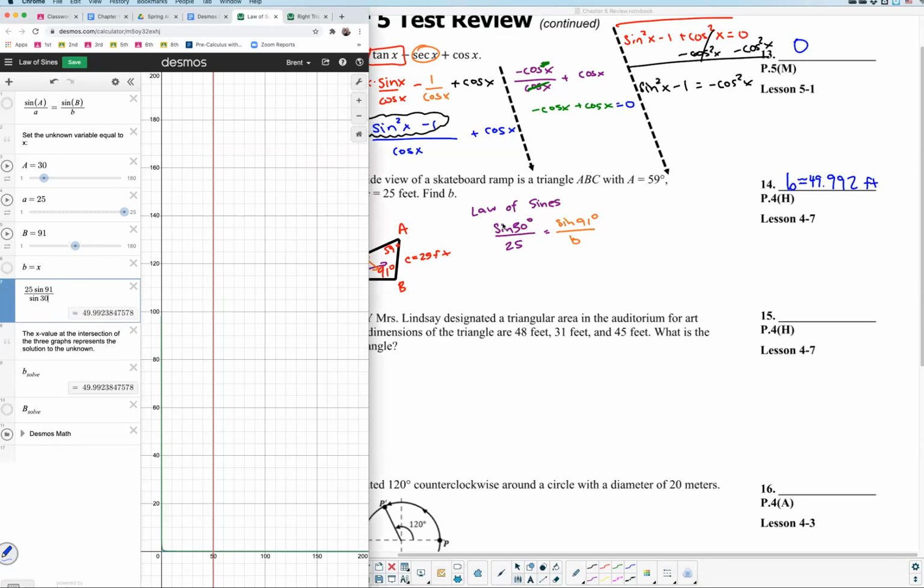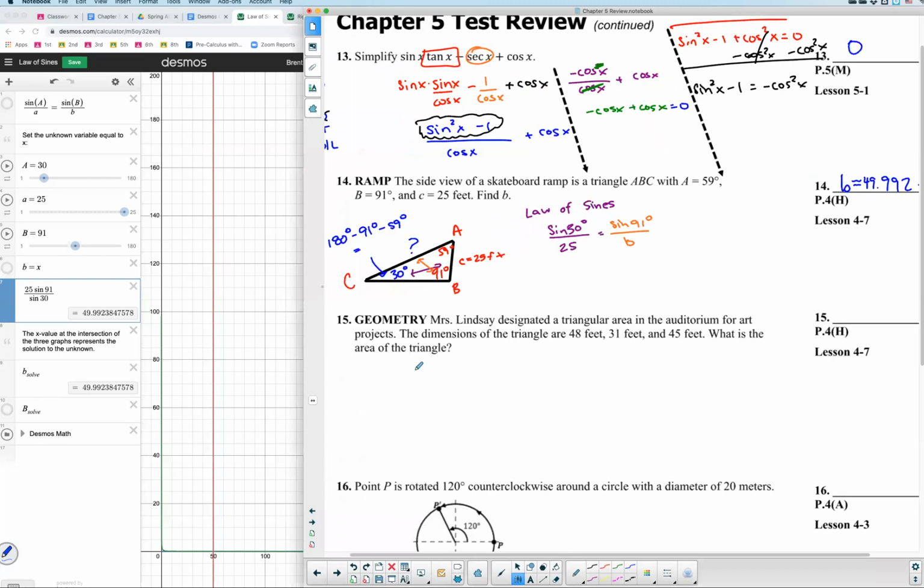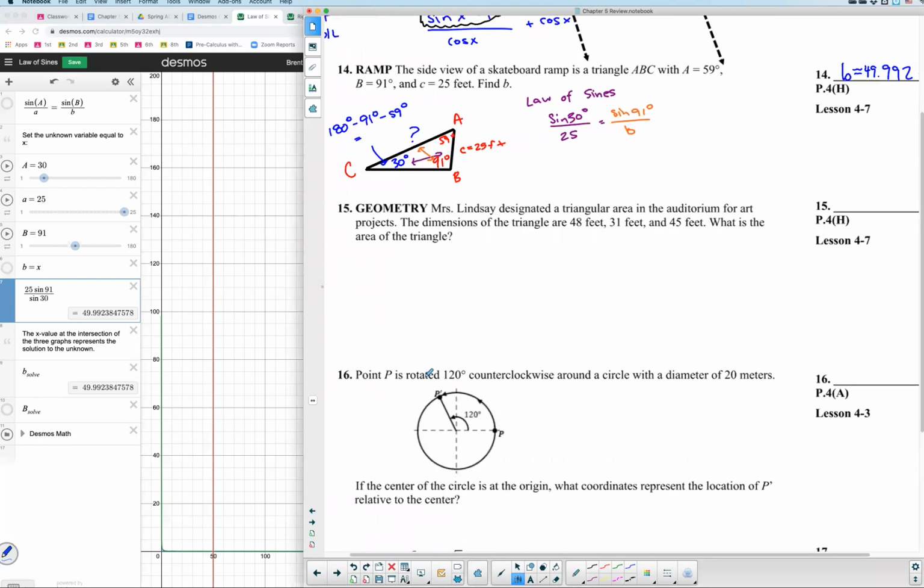That's why I call it cross multiply and divide. Many DIST teachers call this the butterfly technique. I was taught cross multiply and divide. I like that because it tells you what to do. You cross multiply without the variable, then you divide by the one with the variable. And that would give us B there. Notice the same answer. So that's number 14. Let's try 15.